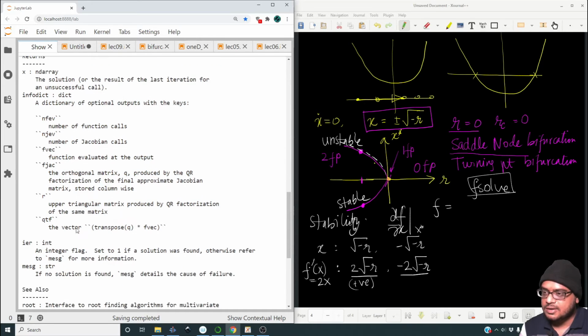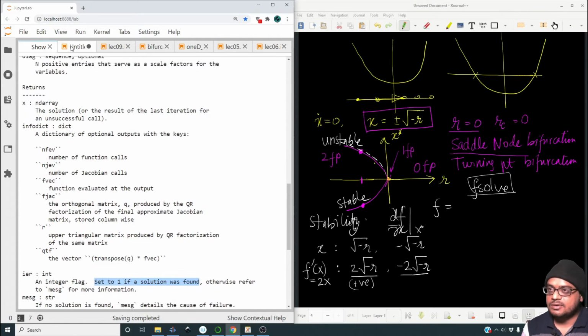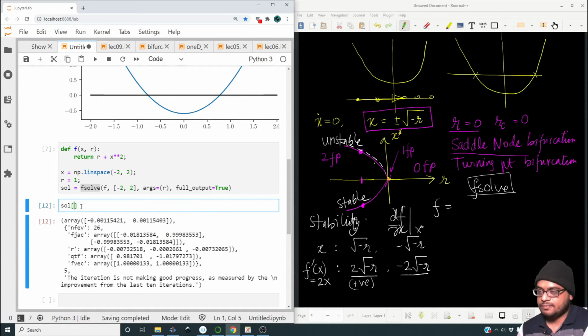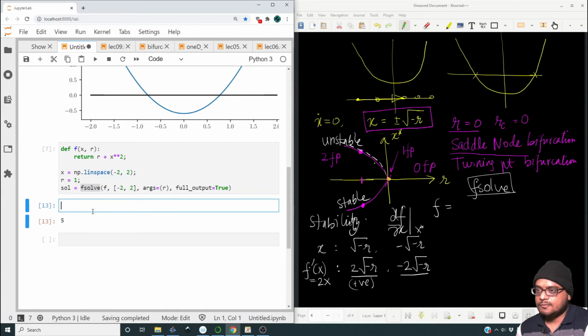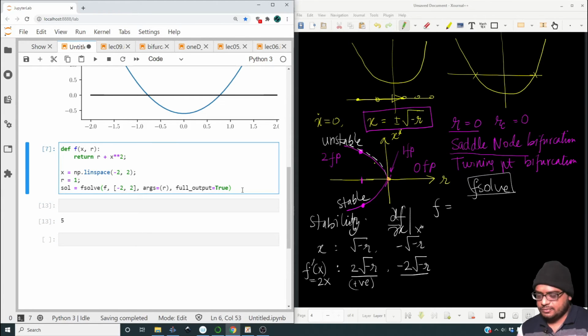We don't need all that. It outputs an error integer, an integer flag. It is set to 1 if the solution is found. Otherwise, it will not return 1; it will return some other value. So it has returned to us a value of 5. It means the solution has not converged. Let us make use of that information.